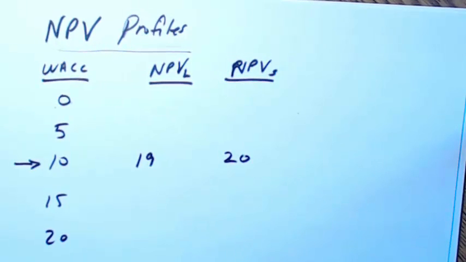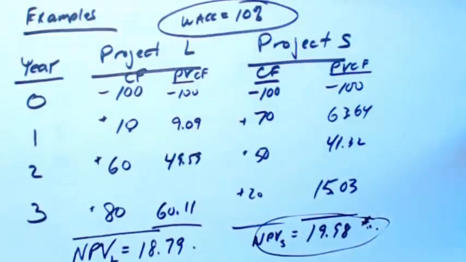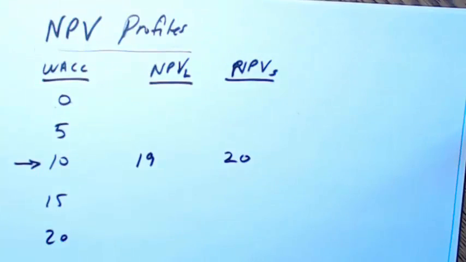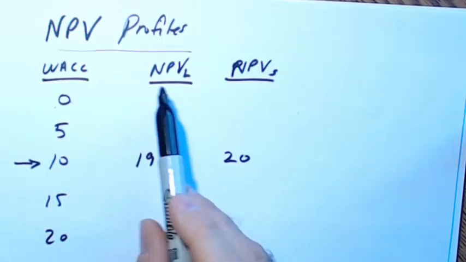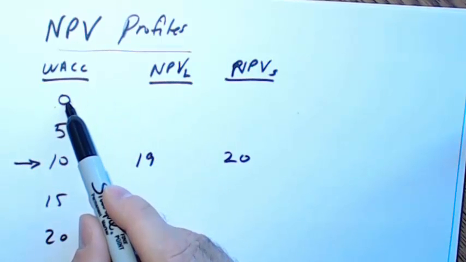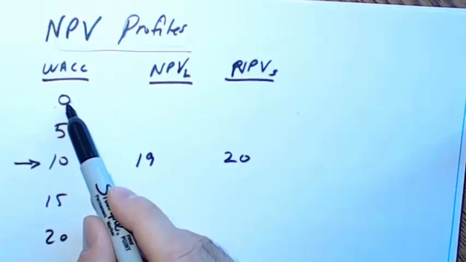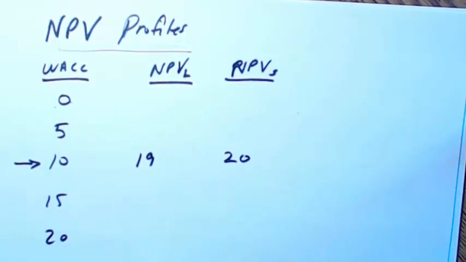Now, if I was to change the interest rate on these, and this would be a good exercise to work into your calculator, just change the I, the capital I in your calculator when we do those cash flows, and re-estimate these net present value numbers using a weighted average cost of capital of 0. And when you do a weighted average cost of capital of 0, you're just adding the cash flows.